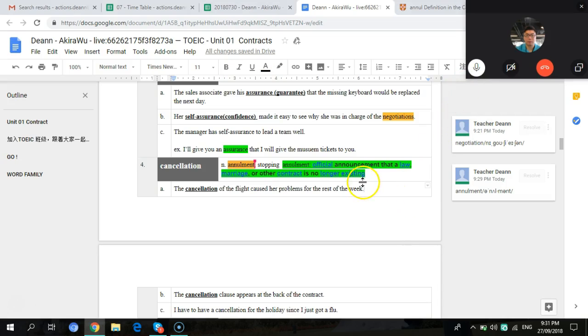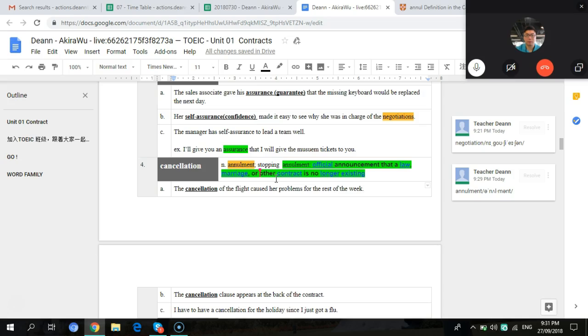Okay, so anyway, for example, annulment of marriage. That means they're no longer married anymore, because when you got married, it is known to the public, or it is known to the law that you both are married.